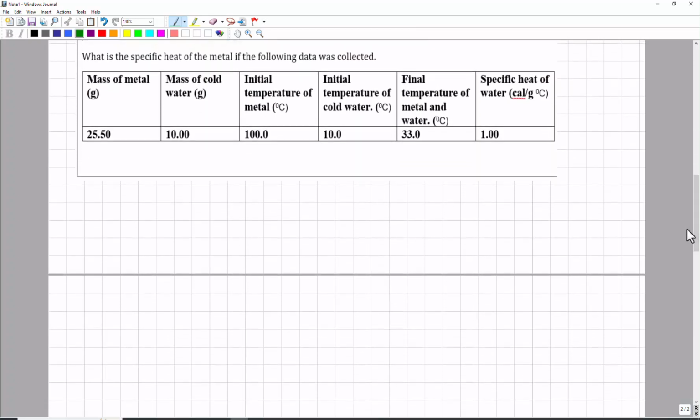So what's going to happen is mass of the metal, and I'm going to just emphasize again, this is the hot metal from the boiling water. Okay, the mass of the cold water is going to be in a styrofoam cup. The initial temperature of the metal is 100 degrees Celsius, which is the temperature of the boiling water.